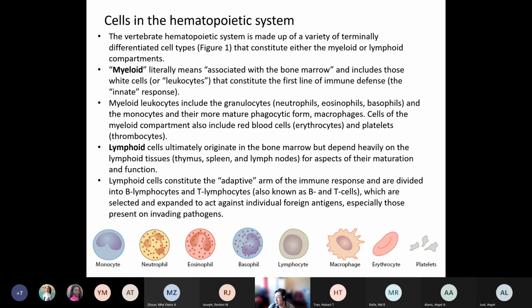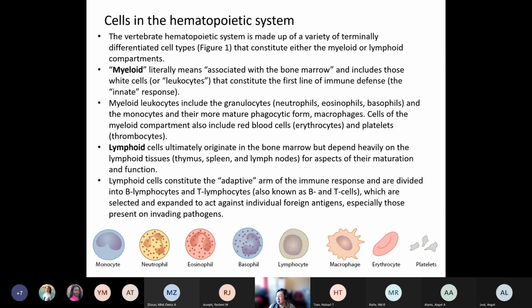So the myeloid cells will include cells such as monocytes, neutrophil, eosinophil, basophil, macrophage, erythrocyte, platelets. So those are all myeloid cells. So basically, shown on the slide, you have 8 different cell types. Only lymphocytes is not myeloid. Okay, the others are all myeloid cells. They provide the so-called innate defense for us.